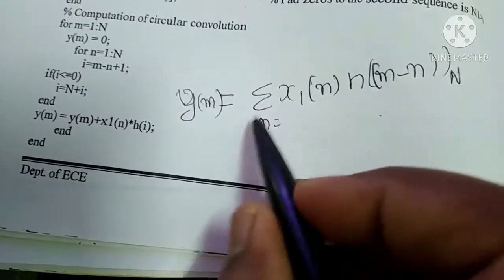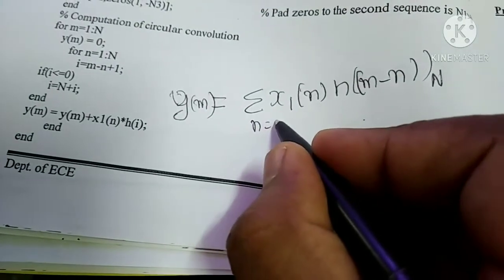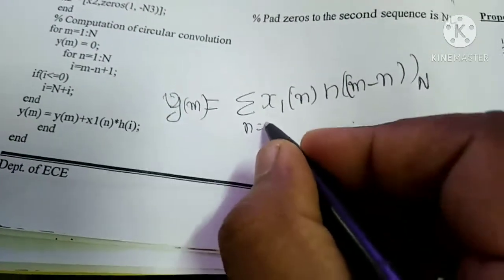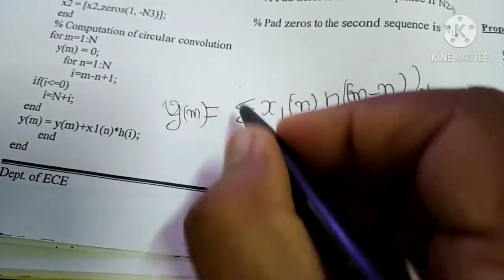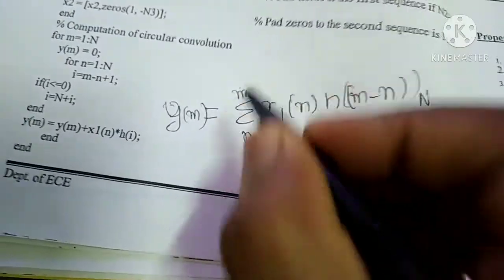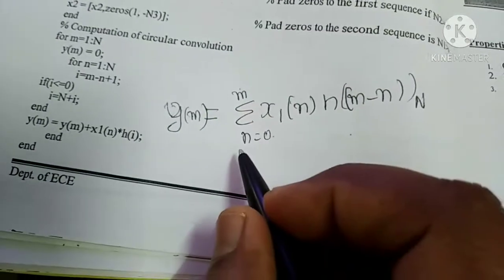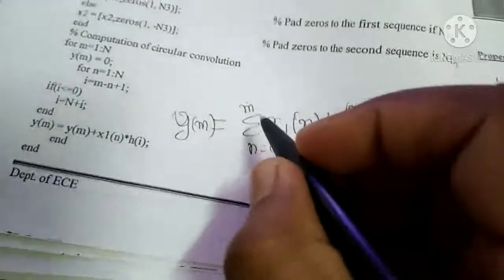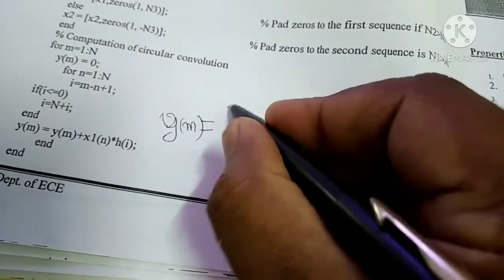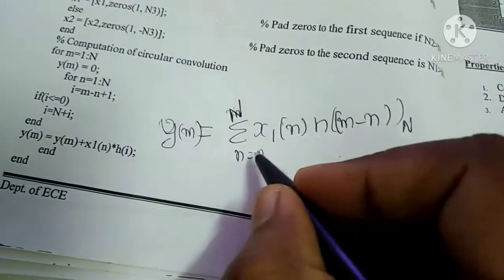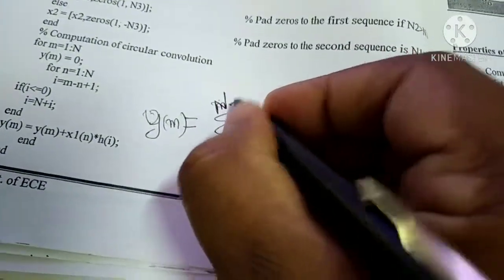Y of m is equal to summation. Okay, so from where do I have to start? I have to start from 0, up to the m value. N is equal to 0 to m. Okay, so because in circular convolution we will take up to n, n is equal to 0 to n minus 1.